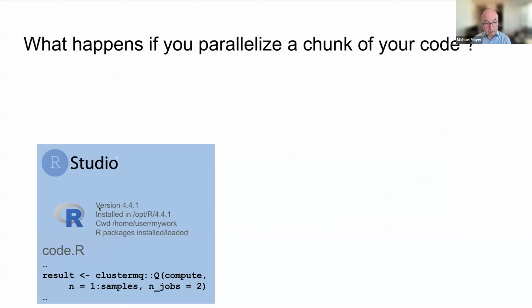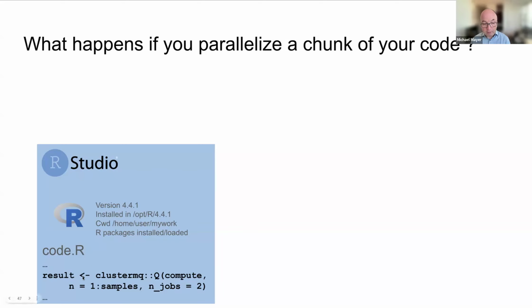In the RStudio session, you have R version 4.4.1 installed in a certain location. You have a working directory where you installed a couple of R packages. You write a code.r, whatever that contains. And at some point, you want to make use of parallel computing.